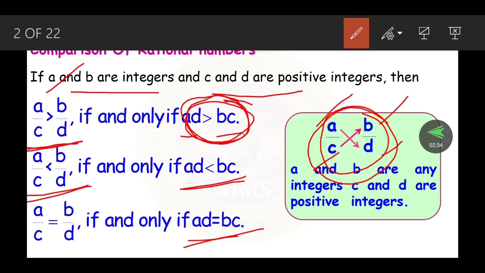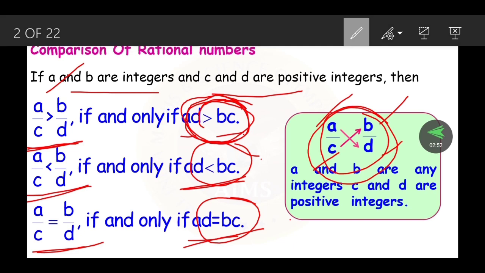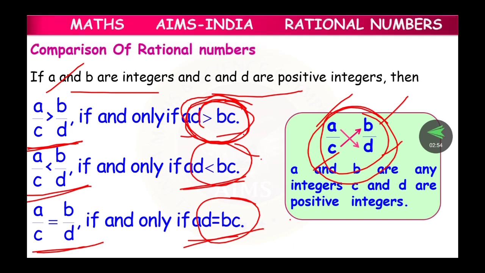If ad equals bc, then a by c is equal to b by d. Means the way the products behave after cross multiplying, the rational numbers also behave in the same way. Like this, in method 2 we can compare the given rational numbers.